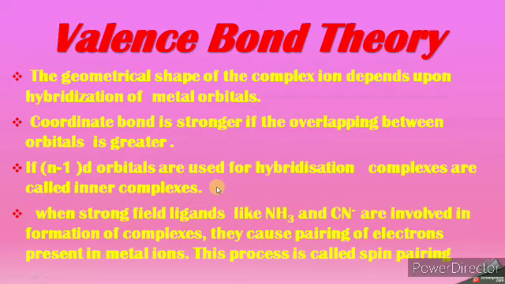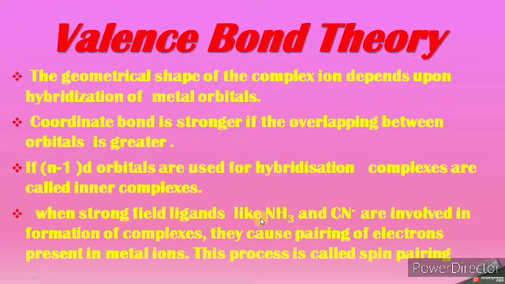If 4d atomic orbitals are used for hybridization, then that complex is called an outer complex. So in your syllabus only post transition series elements and their complexes are involved. So you can write here n minus 1 means 3d and nd means 4d.